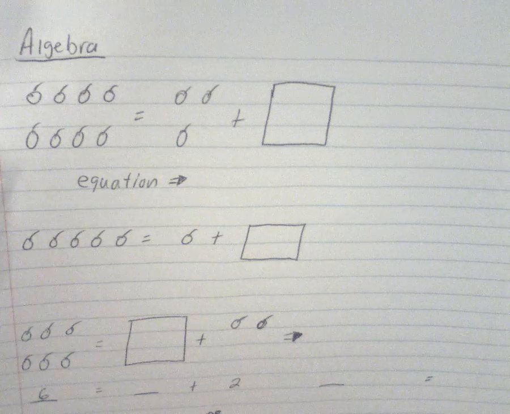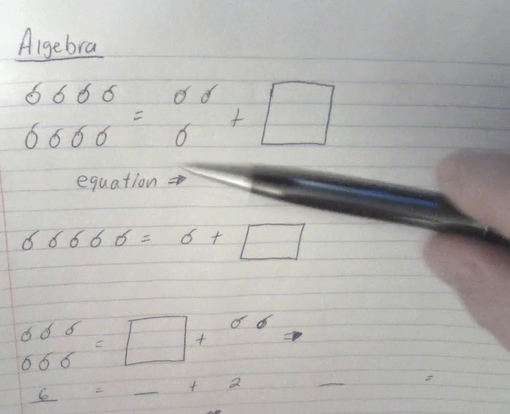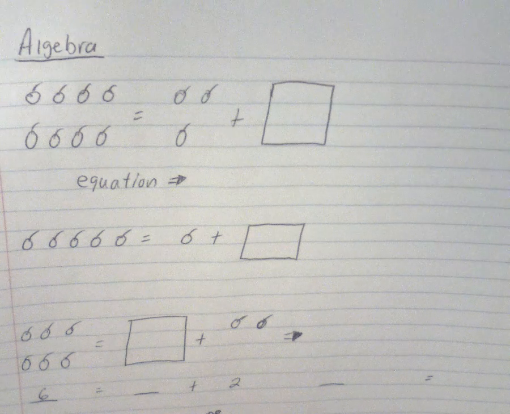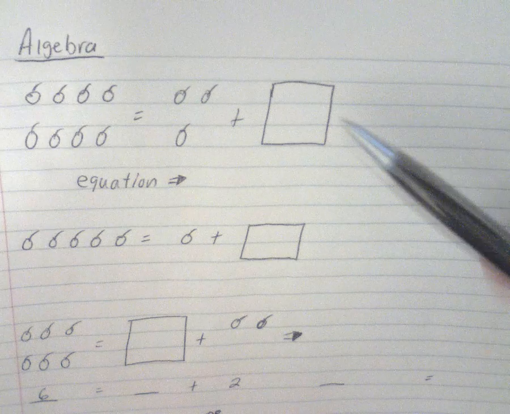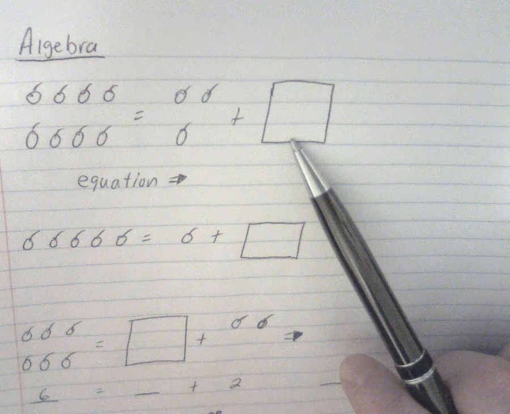When we look at an equation, now this would be an equation. I'm not the best artist. These are apples or whatever you want to call them with a stem and a circle. That is what they are. But if you look at this, this is an equation. Okay?